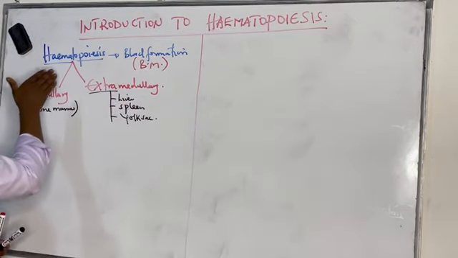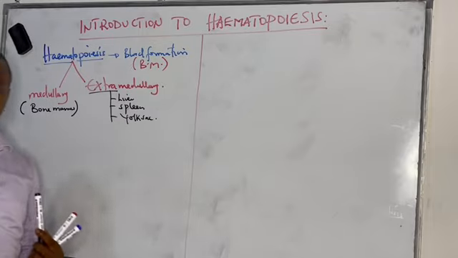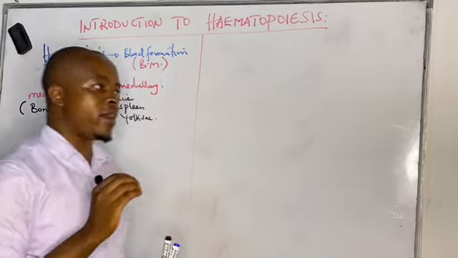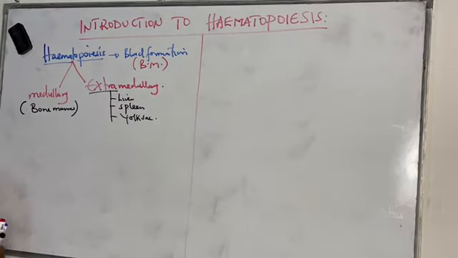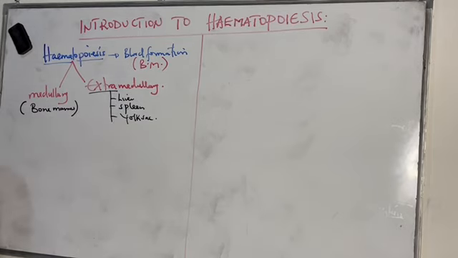So this blood formation is categorized into two depending on the site where the process is occurring: medullary in the bone marrow, then extramedullary outside the bone marrow, that is majorly the liver, the spleen, and the yolk sac.